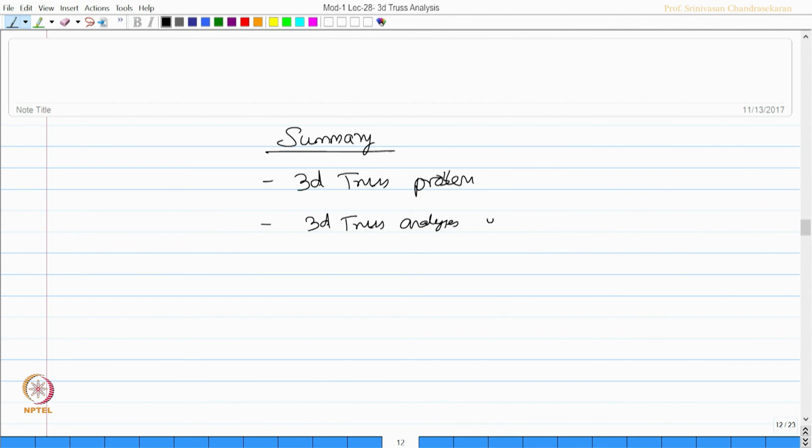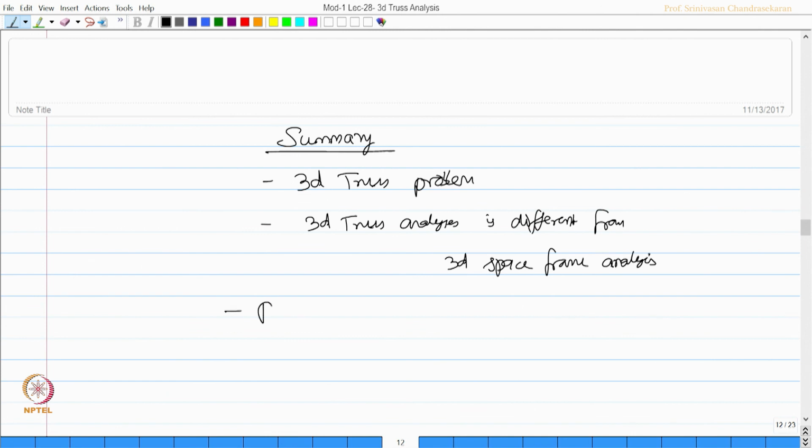So, friends, we can make use of the existing derivations and try to solve a simple 3D truss problem. So, we have learnt how a 3D truss analysis is different from 3D space frame analysis.